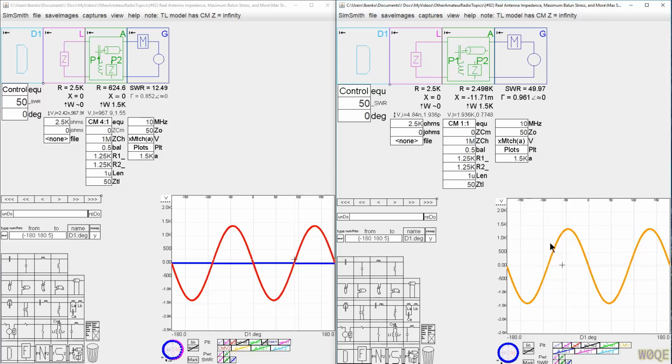We see the same amplitude signals. Both of these have about 1368 volts peak, which is about 968 volts RMS across the Balun. The upper one, in this case, could be wound on a very small core, or no core, actually. It wouldn't need to be.